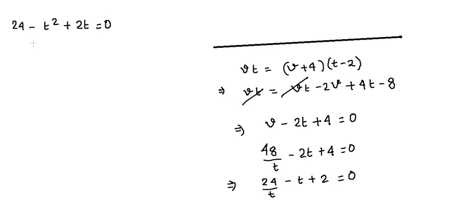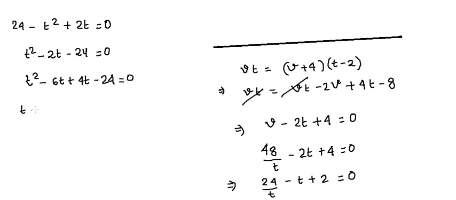Now you have obtained a quadratic equation whose roots will give you the value of t. So let's simplify: t square minus 2t minus 24 is equal to 0. Now let's factorize this quadratic equation. This becomes t square minus 6t plus 4t minus 24.